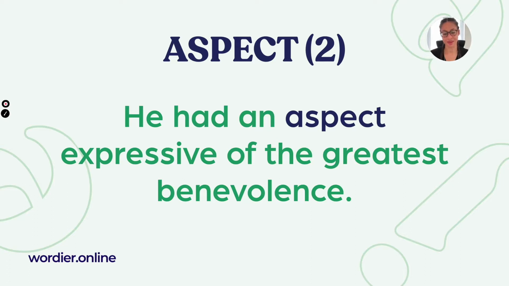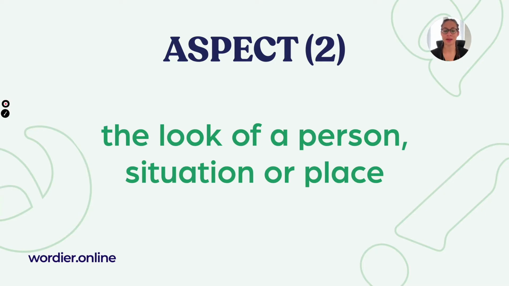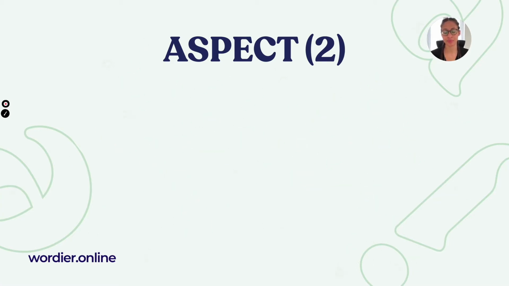So then we get the link to the root here. And the meaning here is the look of a person, situation, or place. You could say the situation took on a sinister aspect. So it looks bad in that case. So aspect is the look of a person, situation, or place. One that you probably won't use in your own writing, but you might hear it around. But the first meaning of aspect is one that we still use today.